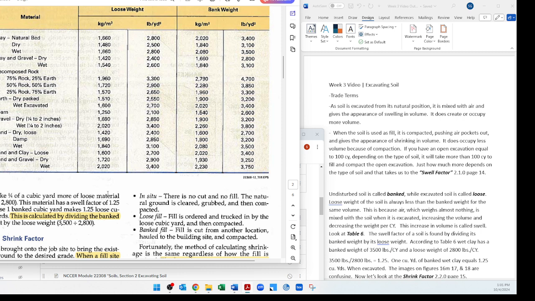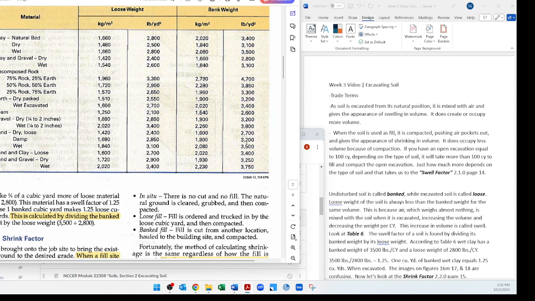Now we were looking at damp sand, right? So look at that, 3,200. We're going to have to calculate this eventually because we're going to need to know the swell factor of the soil that we've excavated.